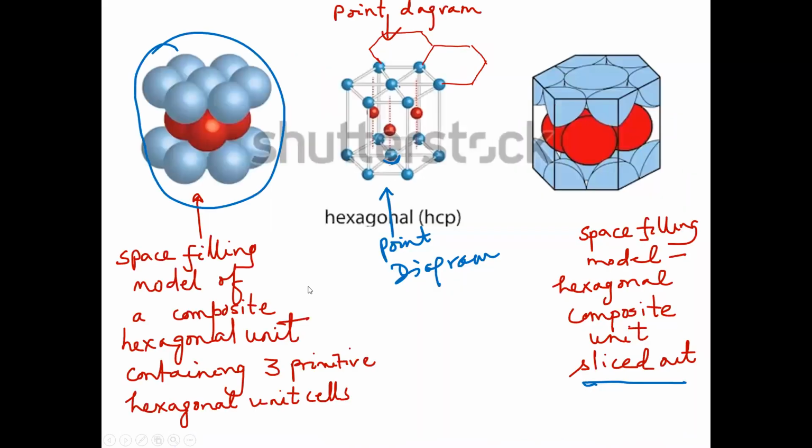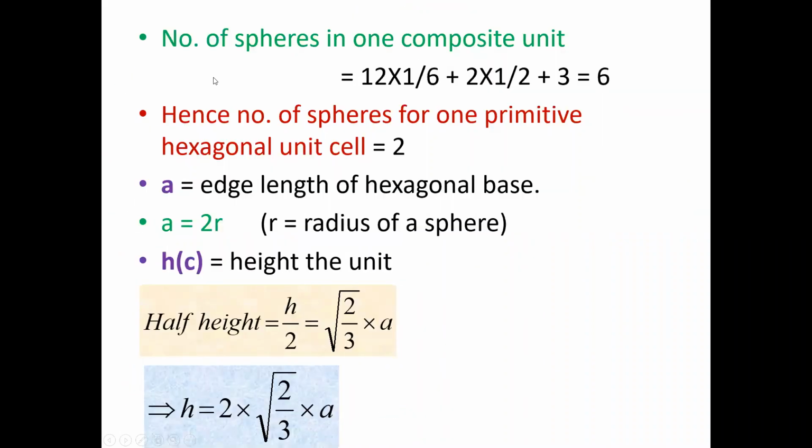Coordination number is 12. Then the number of spheres in one composite unit is 12, because in the upper layer there are 6 corners and in the lower layer there are 6 corners. So altogether 12 corners. So each corner sitting sphere is having 1/6 fraction per unit.